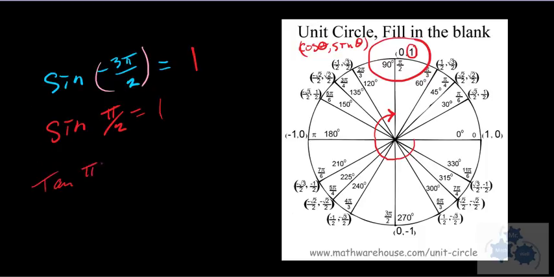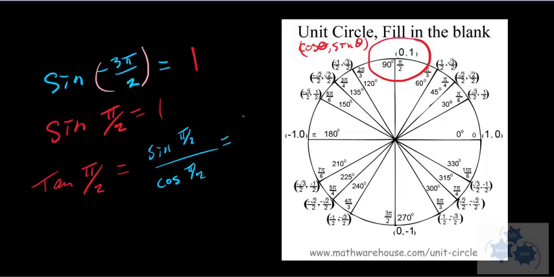Now, what about the tan of pi over 2? What's the tangent of pi over 2? So we're still looking at this area right here, right? And how did we define tan again? That's going to be the sine of pi over 2 divided by the cos of pi over 2. Sine over cos, remember? So if we look at our coordinates here, sine is 1, cos is 0.